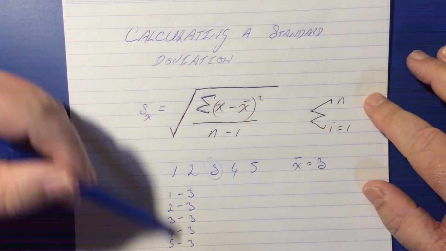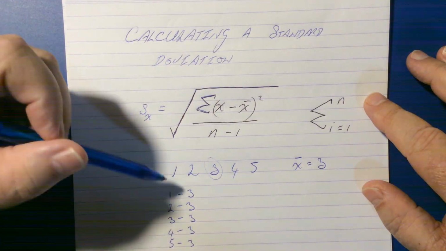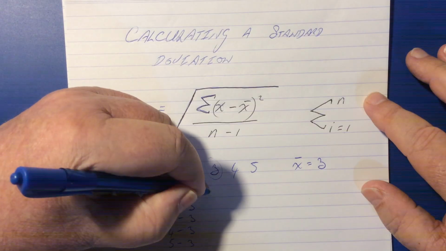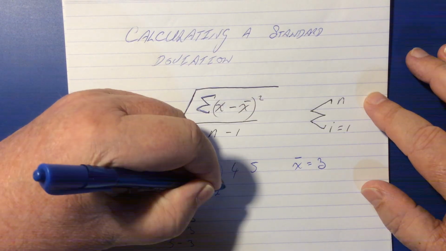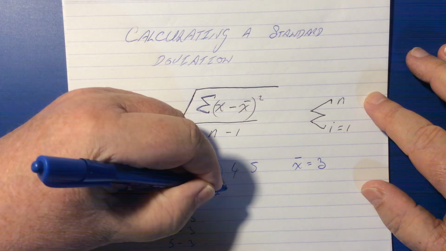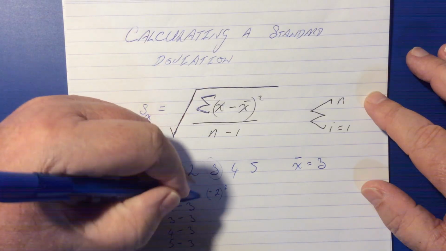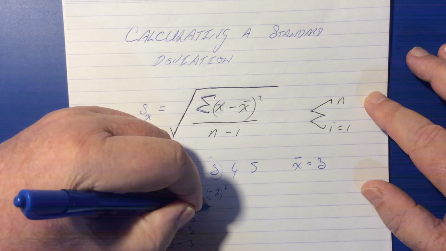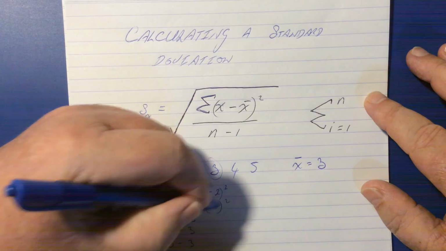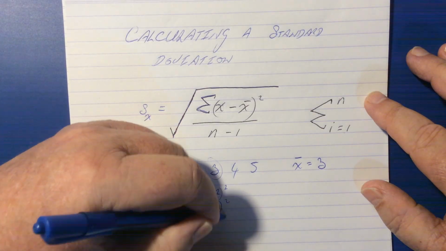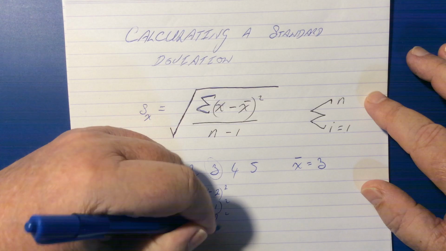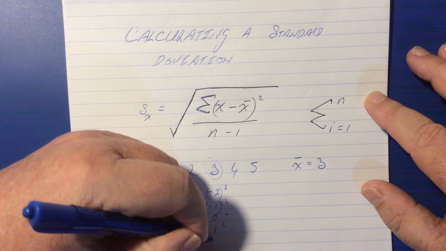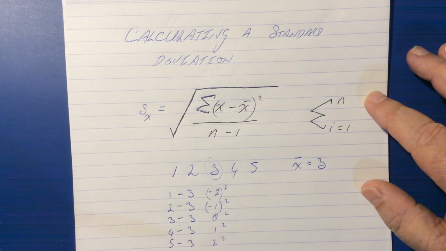And we find the values of these and we square them. So 1 minus 3 is negative 2, but we are going to square that. And 2 minus 3 is negative 1, and we are going to square that. That is 0. 4 minus 3 is 1. 5 minus 3 is 2. And we're going to square those.